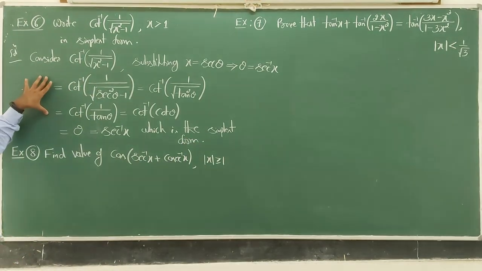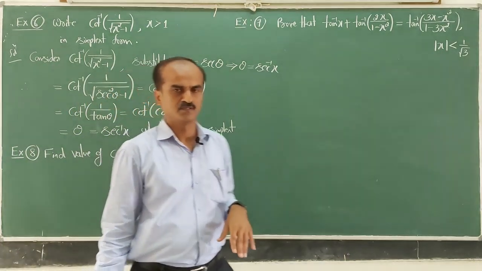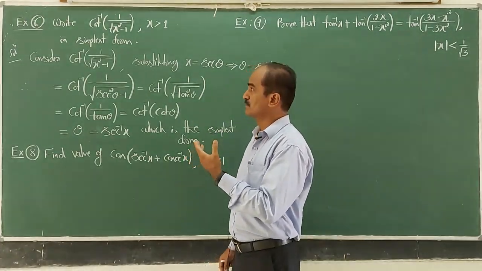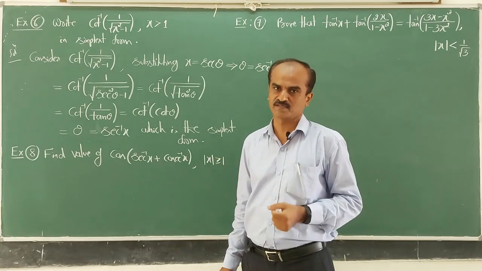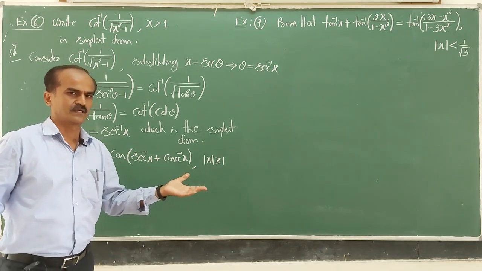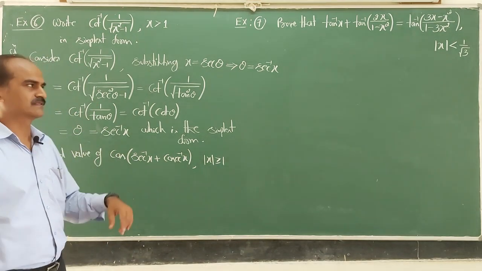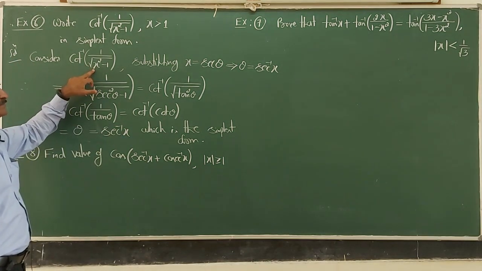I hope it is very simple, but maybe some of you are in doubt how to remember which trigonometric function I had to substitute for x. Say that I don't know which trigonometric function I had to substitute. Let me start with x equal to sin theta.